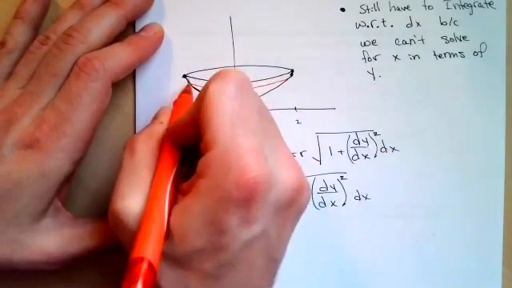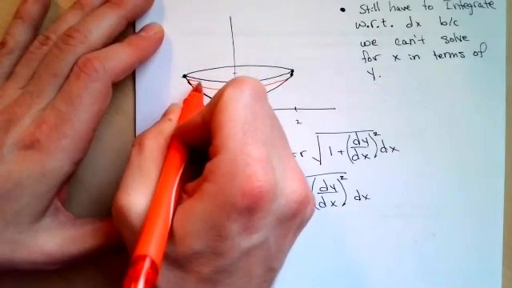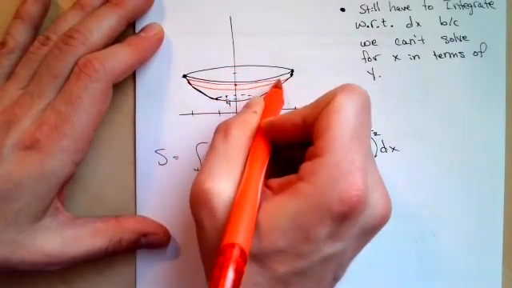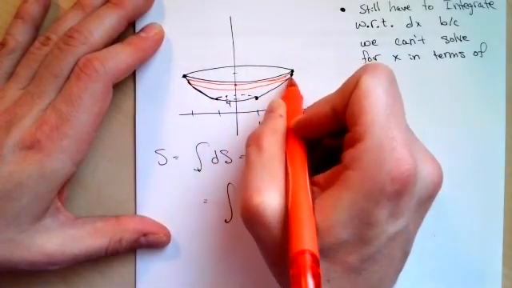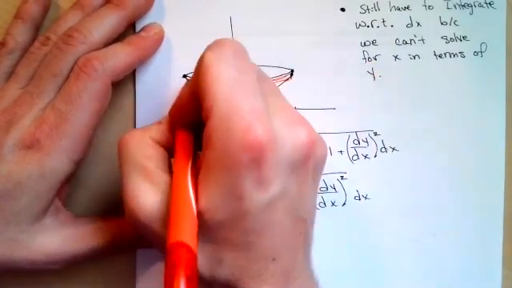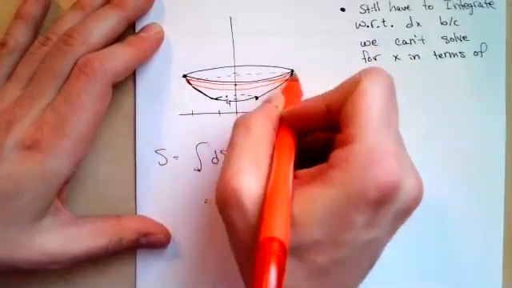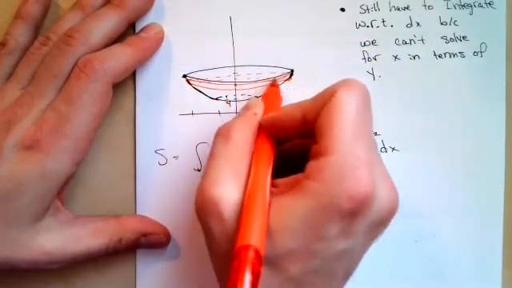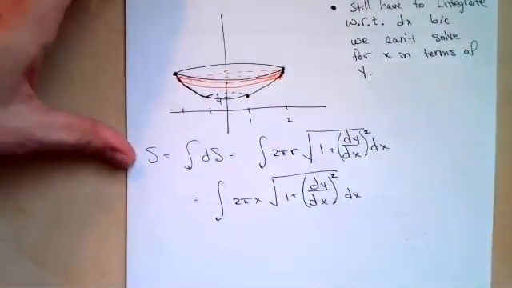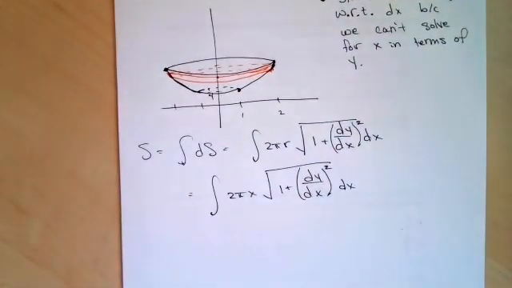So how do we want to think about this then? Because it's a little counterintuitive to what we've been doing and how we've been integrating. The key thing is that the length of each ribbon isn't strictly perpendicular to one of the axes.